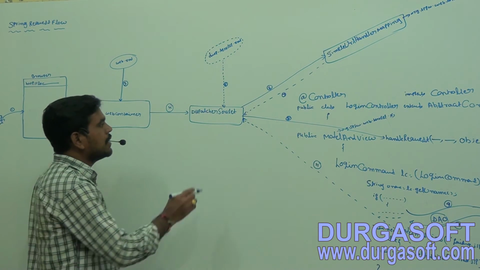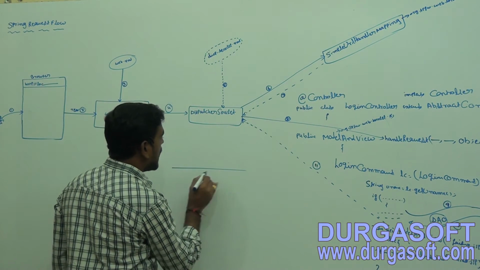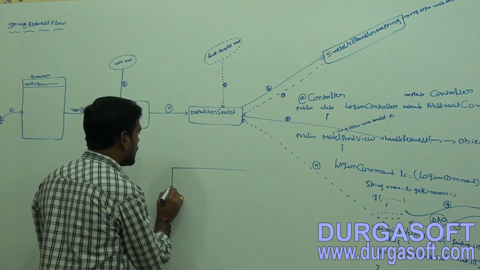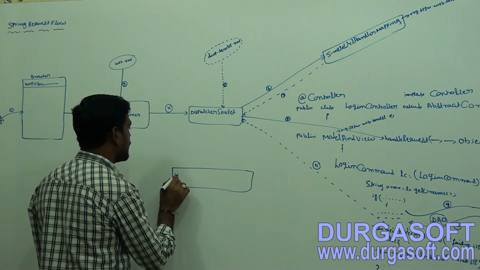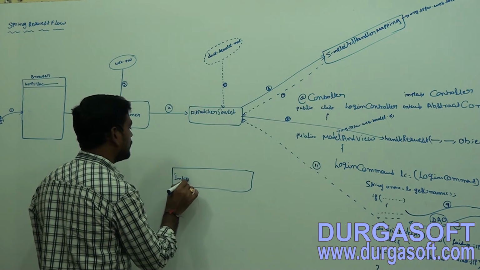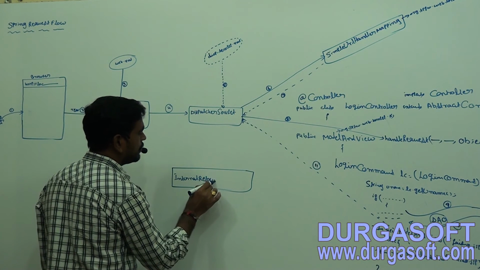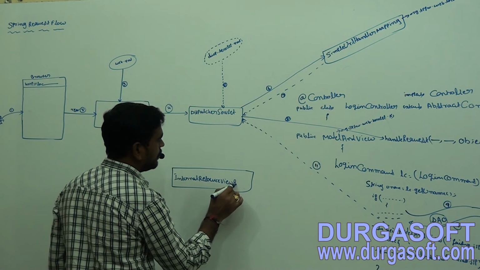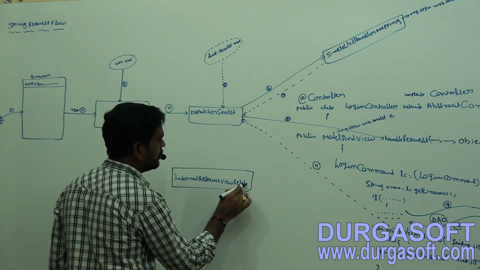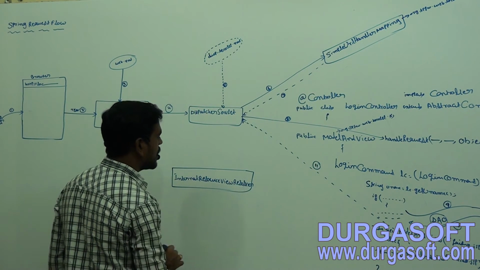In that case, the dispatcher servlet is going to hand over that task to another class called internal resource view resolver.